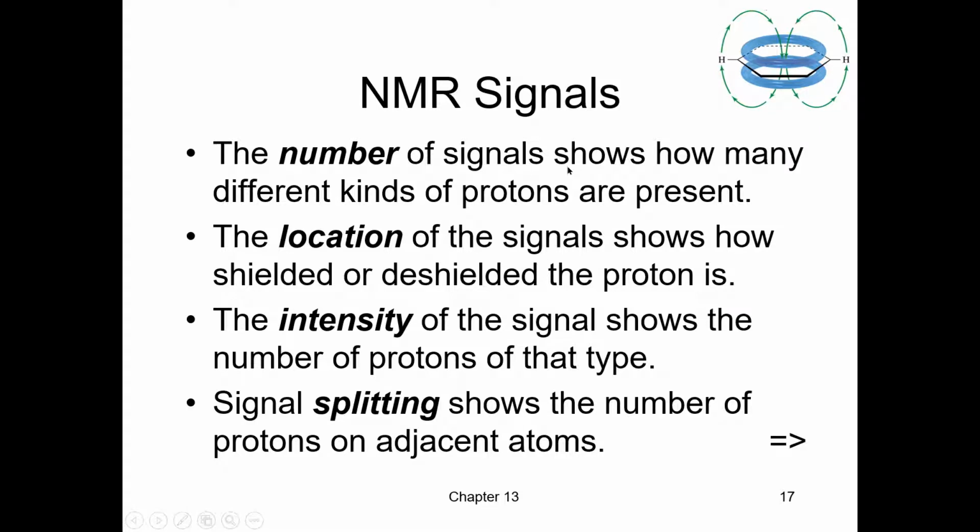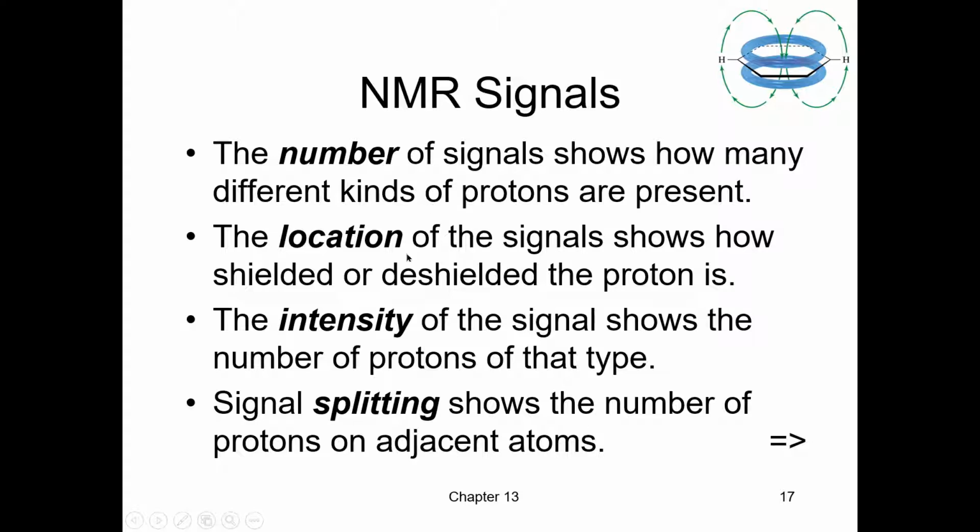The number of signals show how many different kinds of protons are present. The position of the signal or location of the signal shows how shielded or deshielded the proton is. Then the height of the signal or the intensity of the signal shows the number of protons of that particular type, and splitting of each signal shows the number of protons present on adjacent atoms.